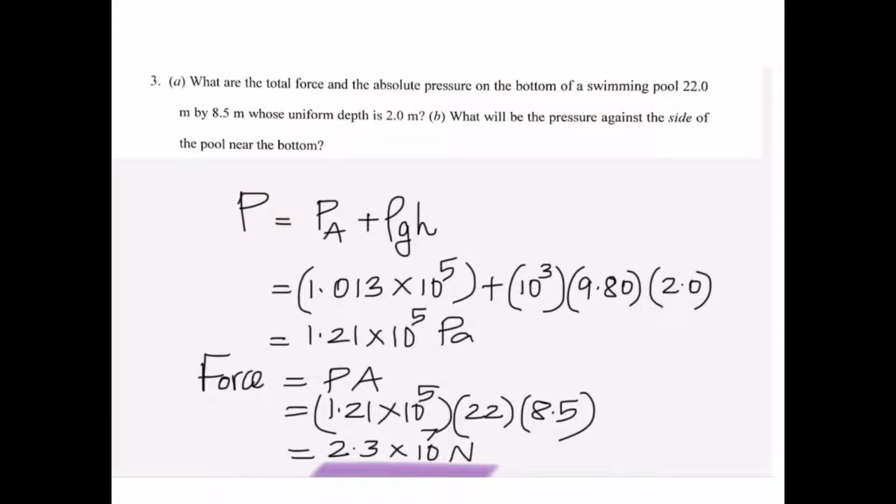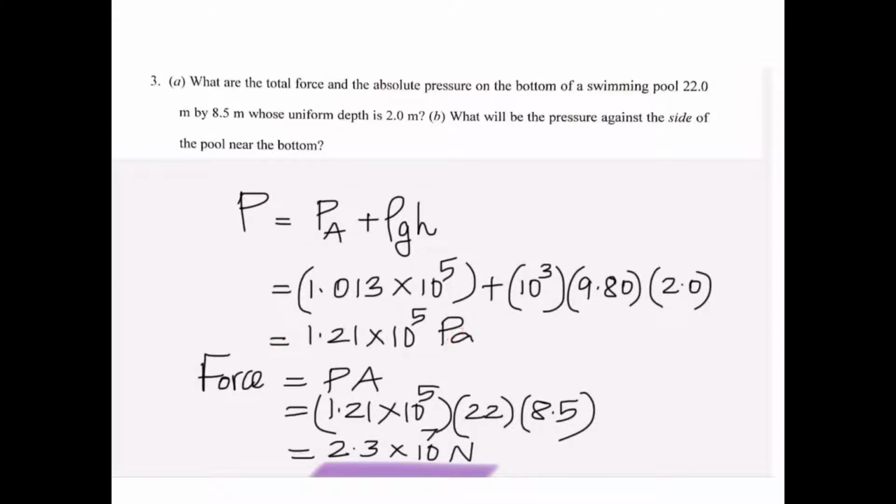So the atmospheric pressure is 1.013 times 10 to the 5. That's the atmospheric pressure. Density of water, 9.8 is g, and h is the depth. When you do all that, you get 1.21 times 10 to the 5 pascals. That is the absolute pressure.